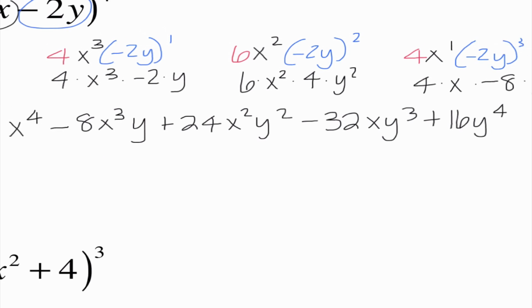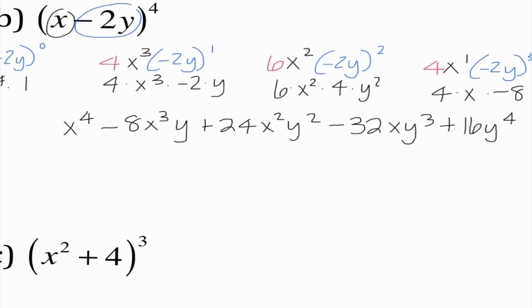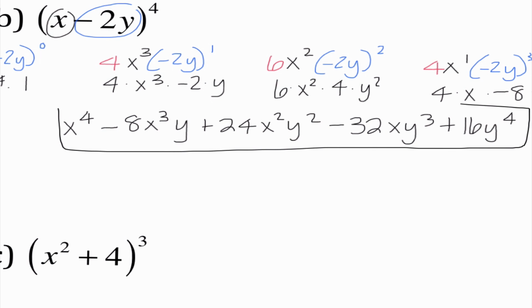So looking at this here, this polynomial right here would be our final answer. I want to note that in our final answer, we do notice that each term has a degree of 4. These exponents add up to be 4.